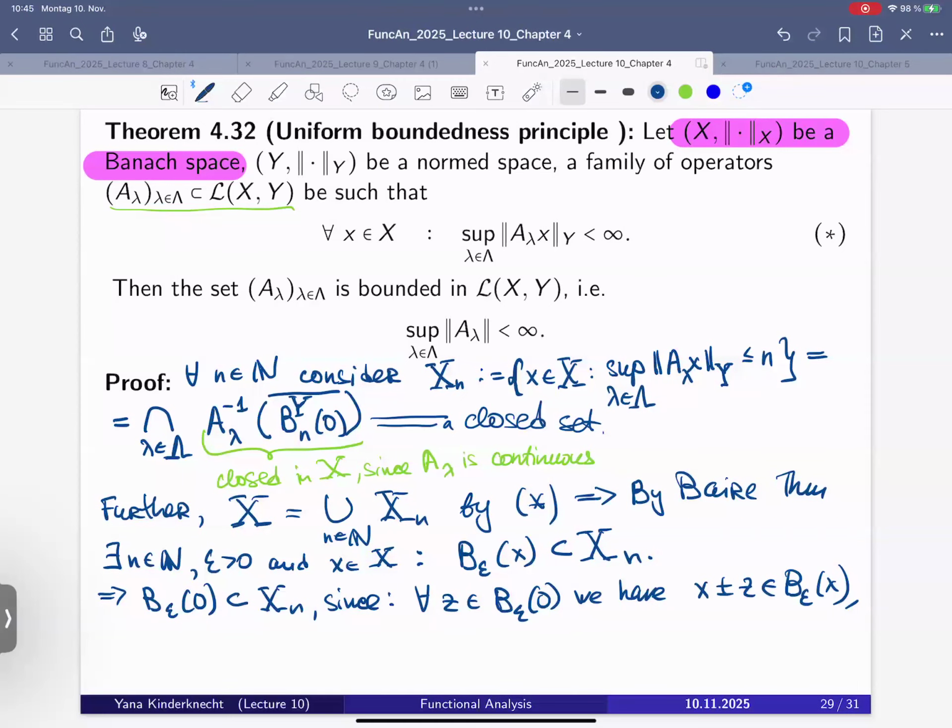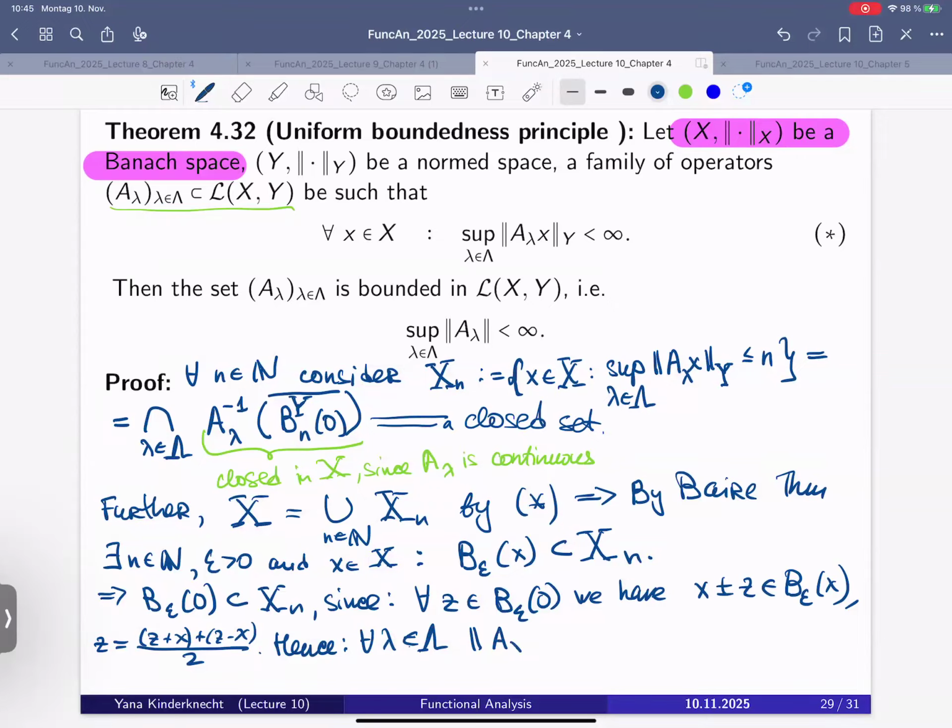Further, we may represent z in this way: z equals x plus z minus x minus z, over 2. Hence, for any lambda in big Lambda we have the following estimate.